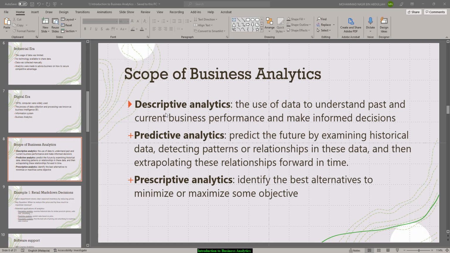Now, the scope of business analytics, as I said before, is that we are not stopping at business intelligence, which is descriptive analysis. We are going beyond, which is predictive analytics and prescriptive analysis. So what does descriptive analytics mean? Descriptive analytics is the use of data to understand past and current business performance and make informed decisions. It is based solely on the description of the data.